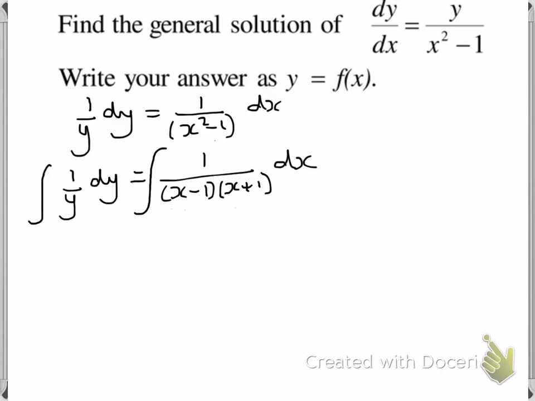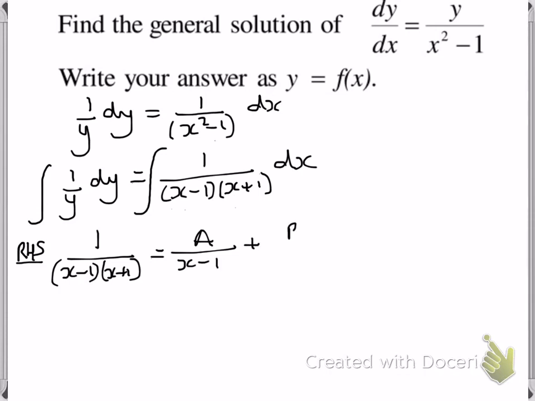So taking the right hand side, I'm going to say okay, the 1 over x minus 1, x plus 1 is equal to a over x minus 1 plus b over x plus 1.